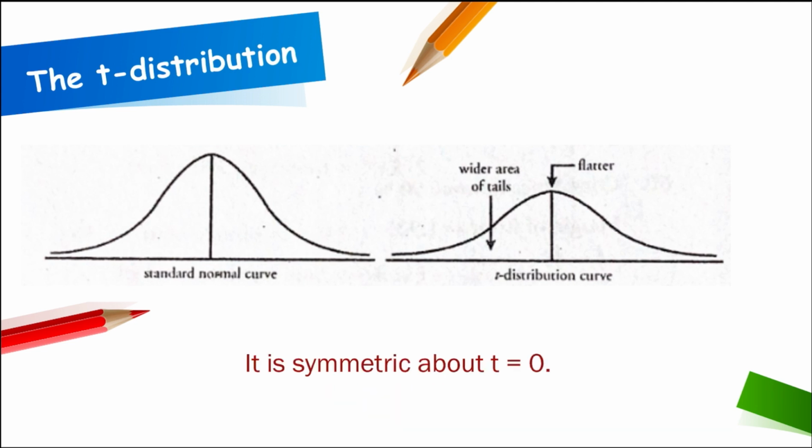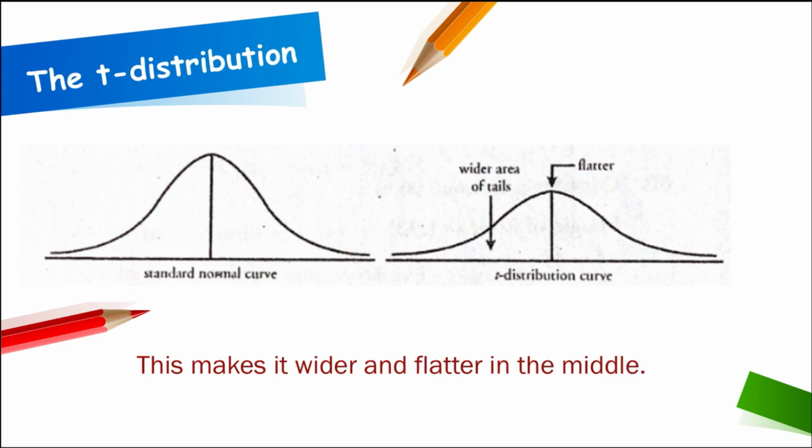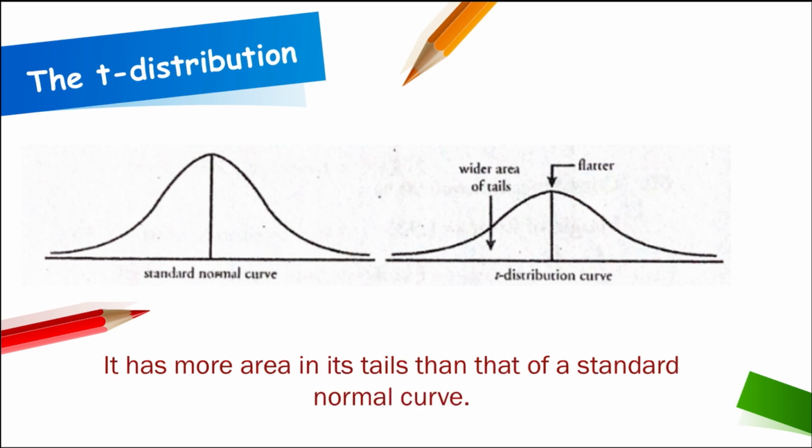It is symmetric about t equal to 0. However, its variance is greater than 1. This makes it wider and flatter in the middle. It has more area in its tails than that of a standard normal curve.